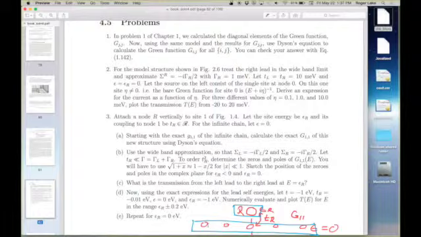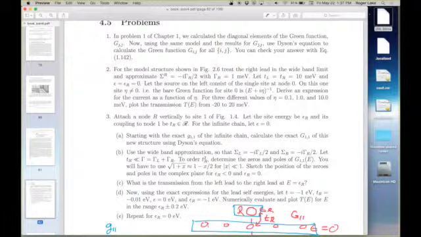So any bare Green functions have to be for that system. The bare Green function of the chain, G11, is the exact Green function of that infinite wire.